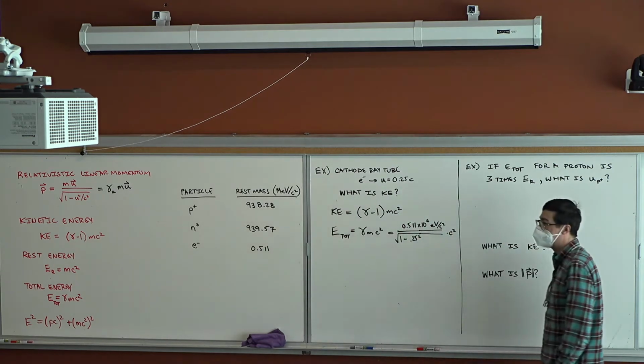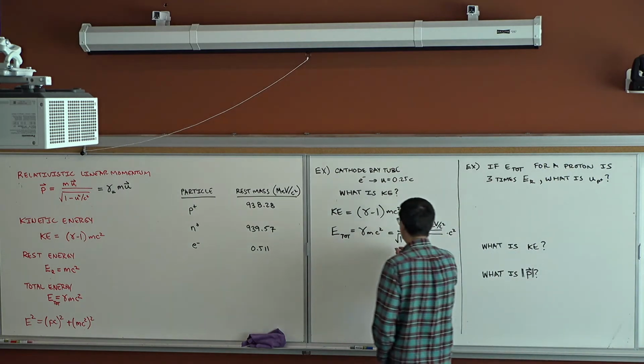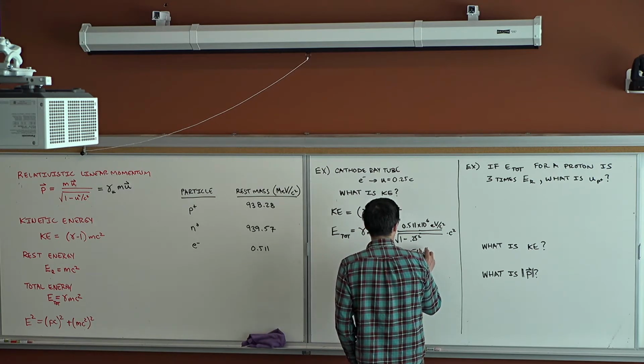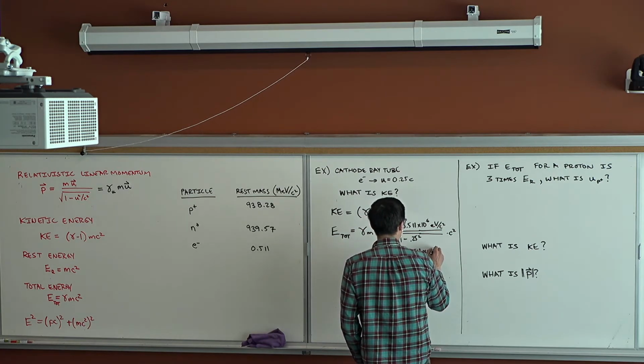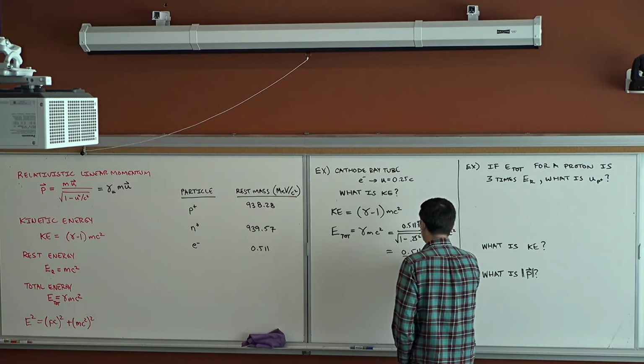What nice thing happens here? Note c squared and 1 over c squared cancel, and we get 0.511 times 10 to the 6 electron volts over the square root of 1 minus 1/4 squared, which is 1/16.